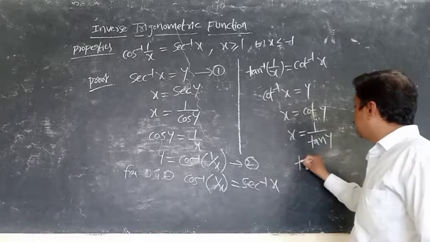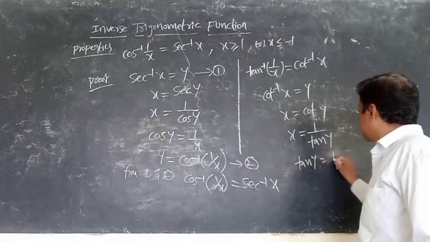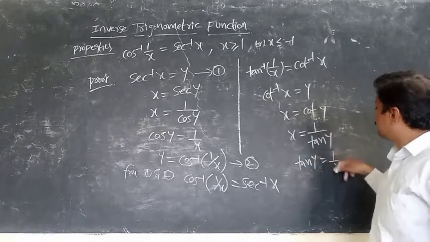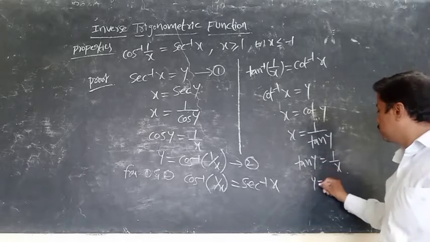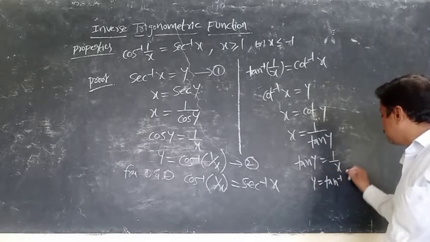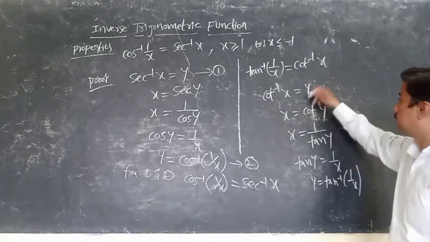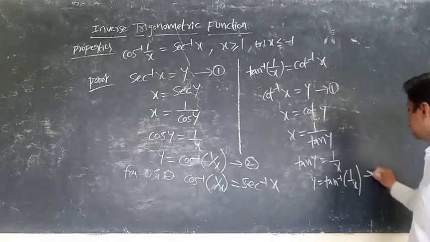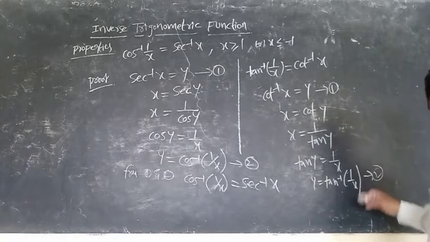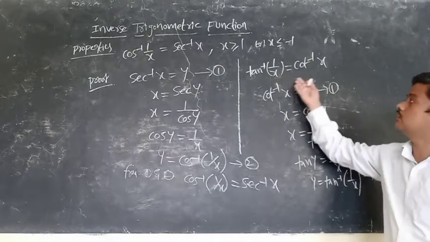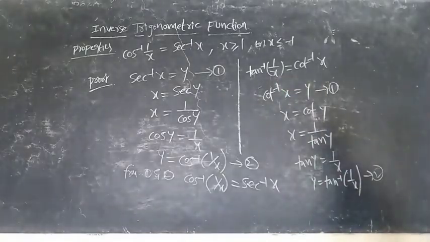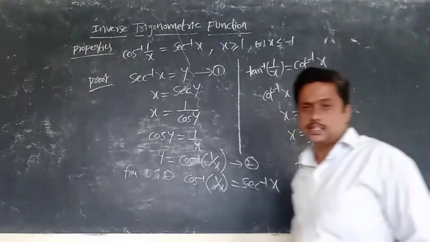So tan y is equal to 1 by x. From the definition, y is equal to tan inverse of 1 by x. From equations 1 and 2, tan inverse of 1 by x is equal to cot inverse of x. These are the three properties.